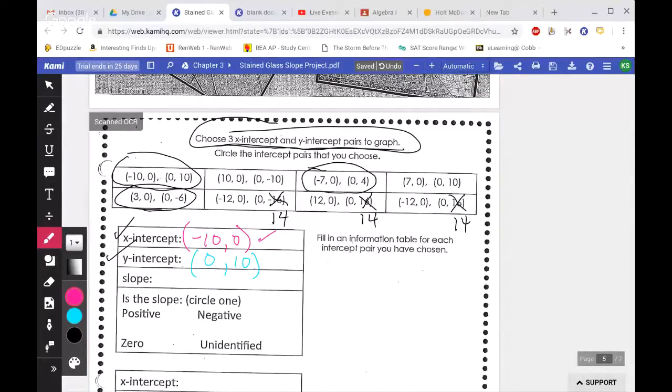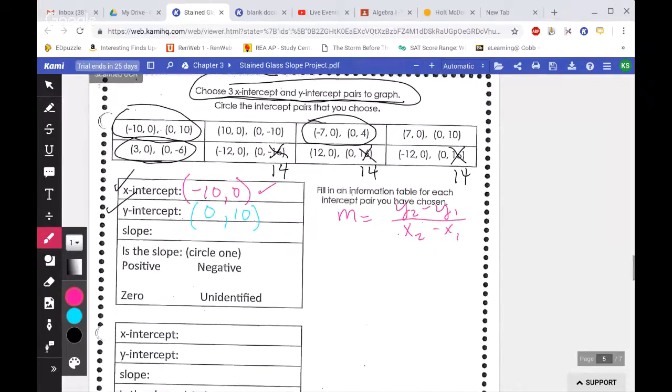And remember, our slope formula is m equals y2 minus y1 all over x2 minus x1. So I will just apply that formula to those two coordinates.